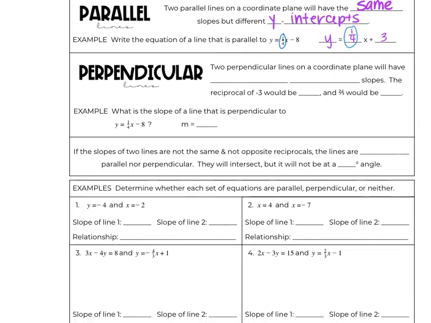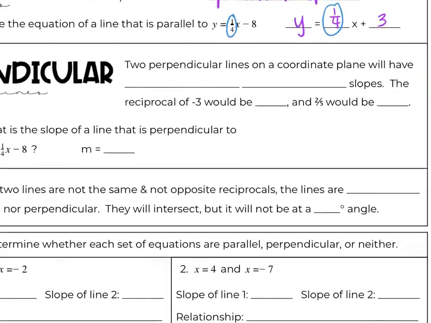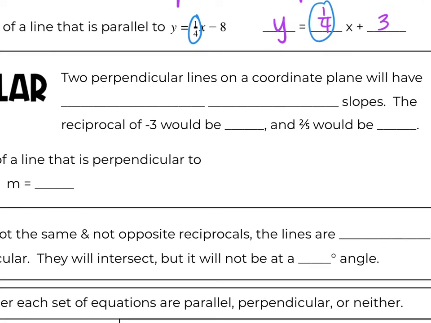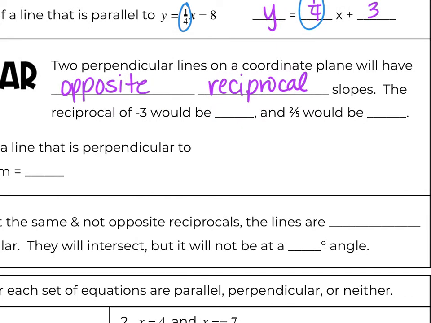Now, perpendicular lines are going to have what's called, well, opposite you're aware of. So if I say -1, what's the opposite? +1. Now this word, reciprocal, anyone remember what that means? If you take a fraction and you do what to it? Flip it, okay?